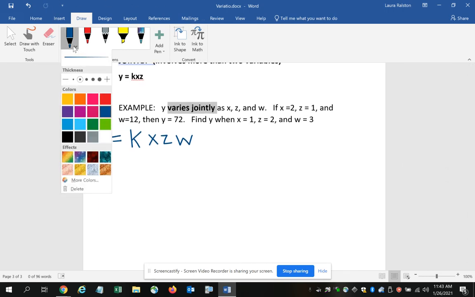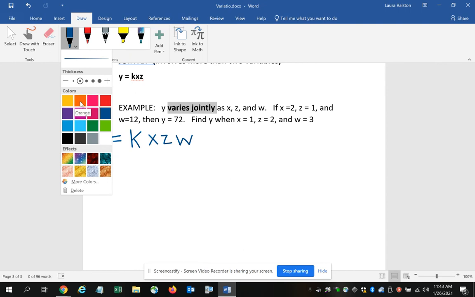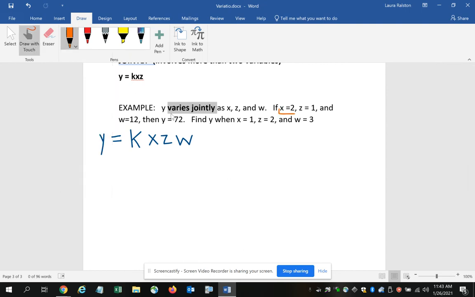Again, it's just straight out plug and chug, because the if says if x equals 2, z equals 1, w is 12, then y is 72. So we get the values, and using those values, we're able to find k. So let's plug and chug.